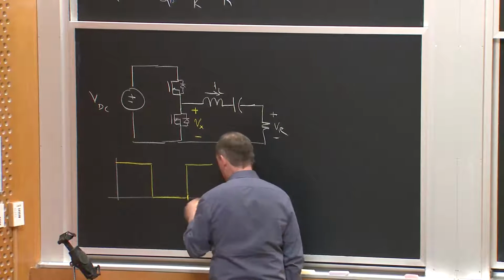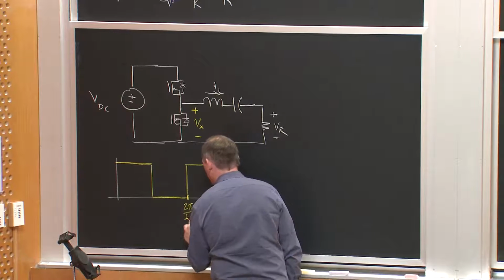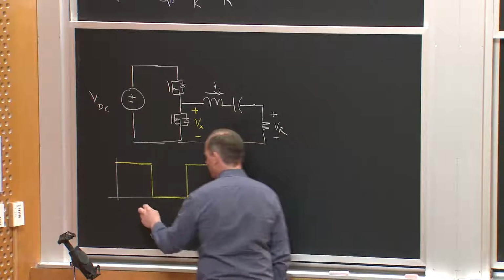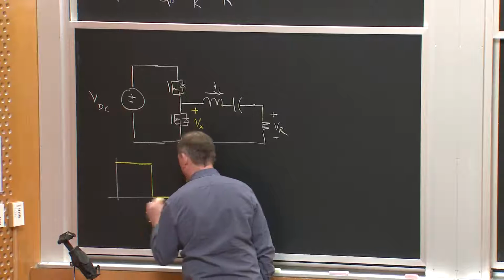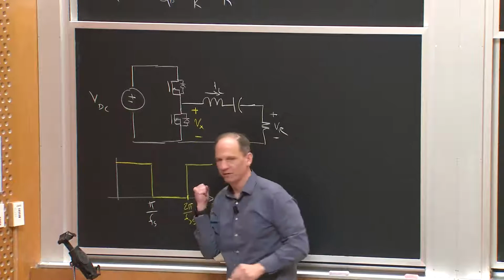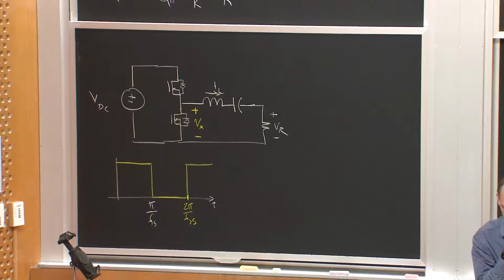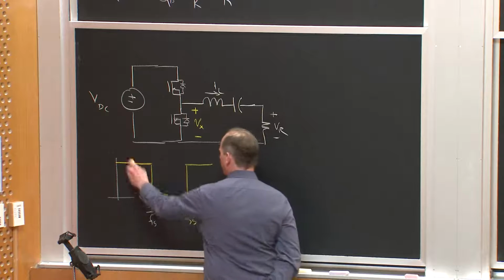So this may be 2 pi over F switch, and this is in time. And this is pi over Fs. So I'm going to run this, for example, at 50% duty ratio. Okay? So if I did that, and I thought about this is my waveform Vx.